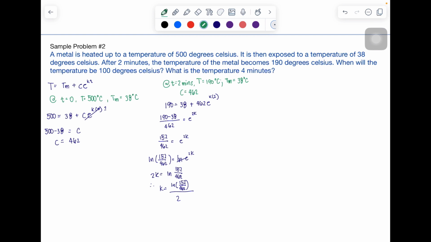So what is the other condition? We have one condition without the time. So we have an unknown time. What is the time at 100 degrees Celsius of the metal? Also, the temperature of the environment is still 38. We have the C, which is 462. And we have the K at ln of 152 over 462 divided by 2.